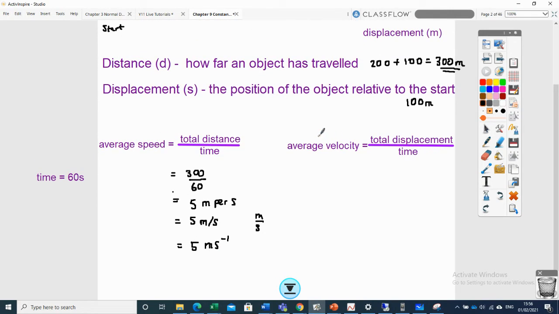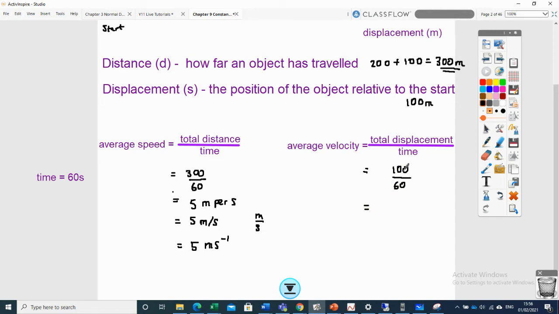Now the average velocity is different to that. The average velocity uses displacement, so it's the total displacement divided by the time. The displacement of this person at the time we're looking at is 100 meters. The time he took was 60 seconds.